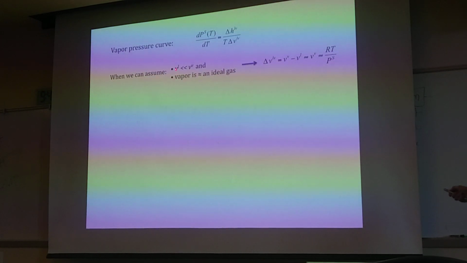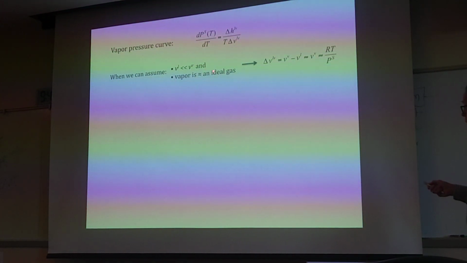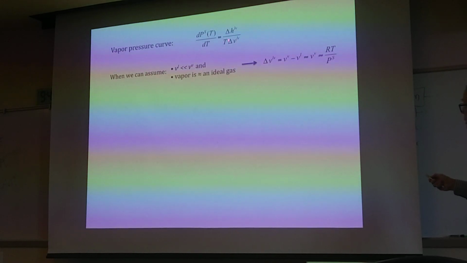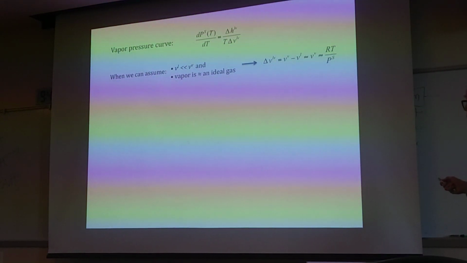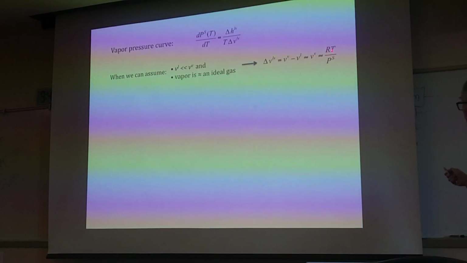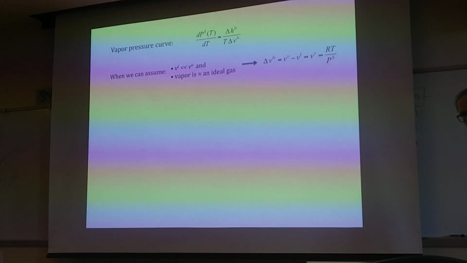If we assume that the liquid molar volume is much less than the vapor molar volume, such that we can neglect it, and if we assume the vapor is effectively an ideal gas, then this quantity, the volume change, can be approximated as RT over the pressure.